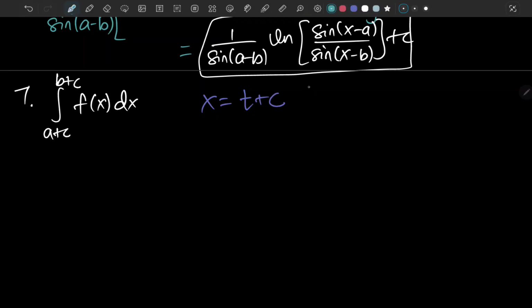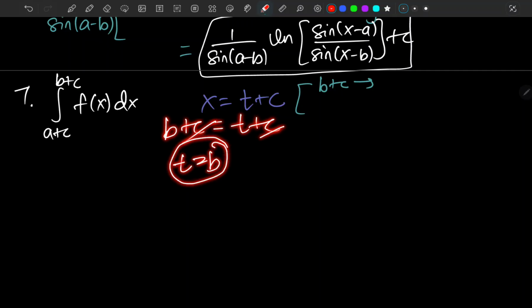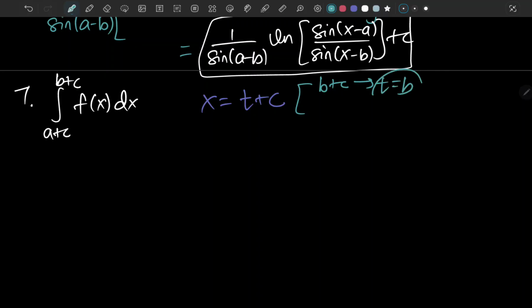If we replace the upper limit, when you plug b plus c in the place of x and calculate for t, b plus c is t plus c. So c gets cancelled out, and t becomes b. So t comes out to be b for our upper limit, and for the lower limit, t comes out to be a.